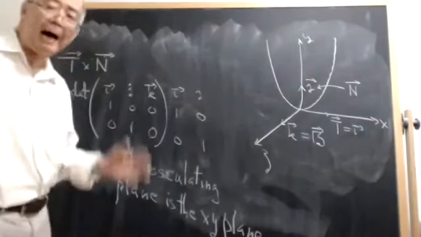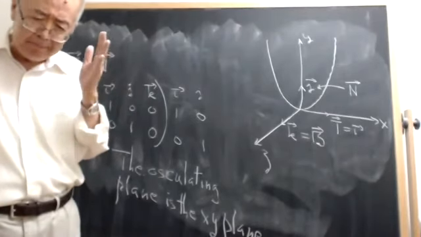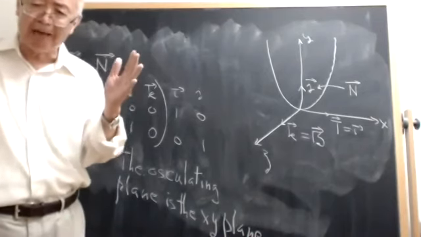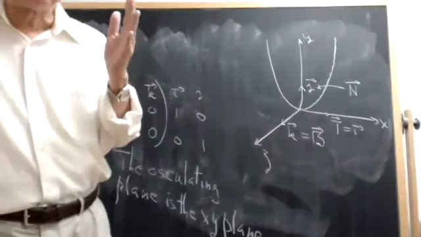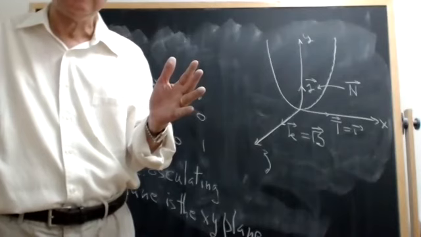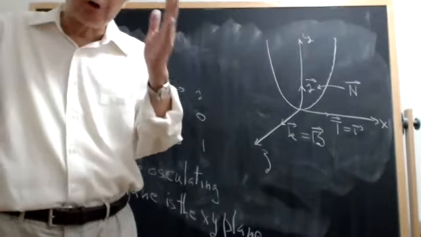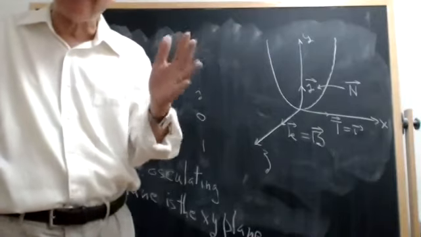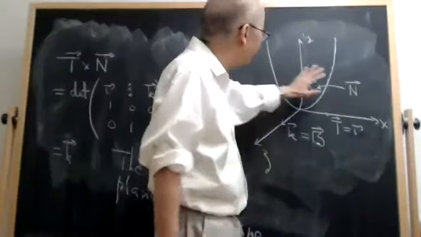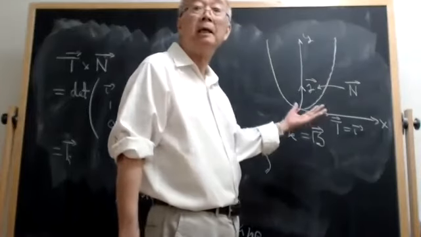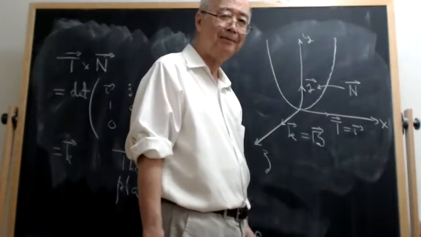And last time, I told you the intuition. The osculating plane to a vector-valued function at a point comes closest to containing a portion of the curve at that point. Now, in this case, the xy plane contains the complete curve. Right?